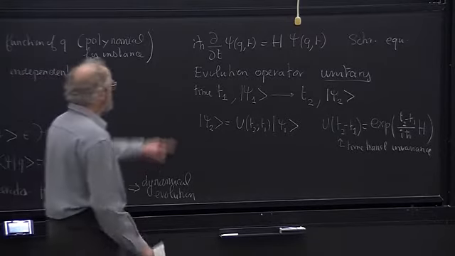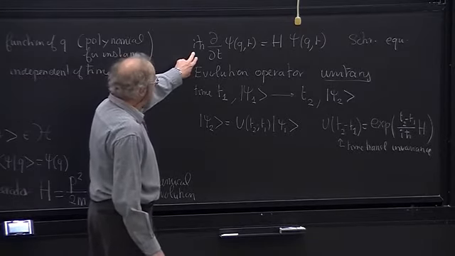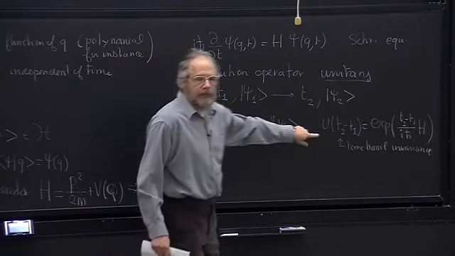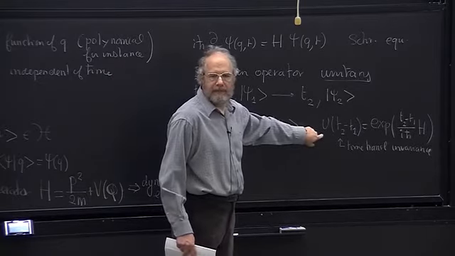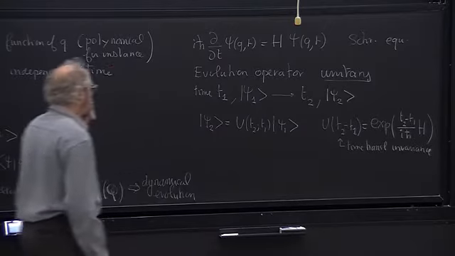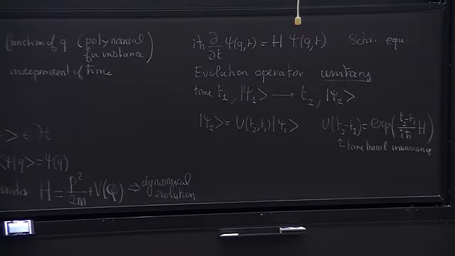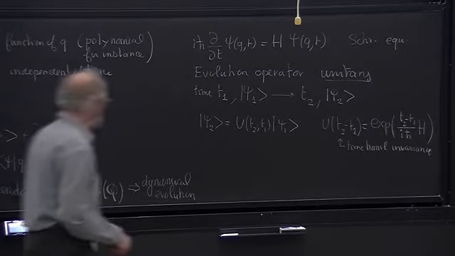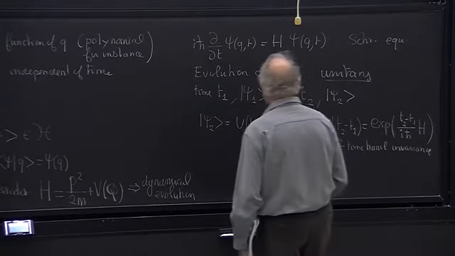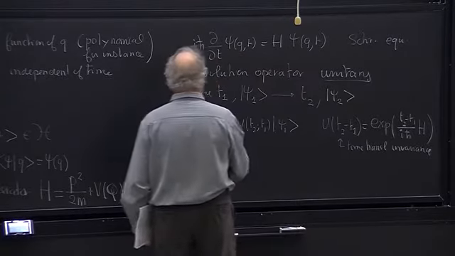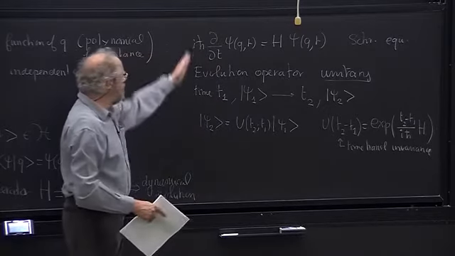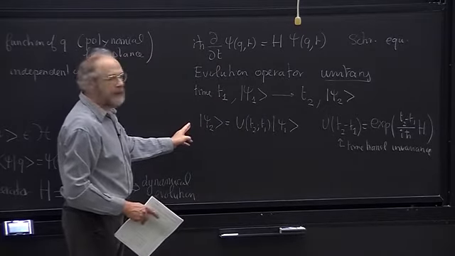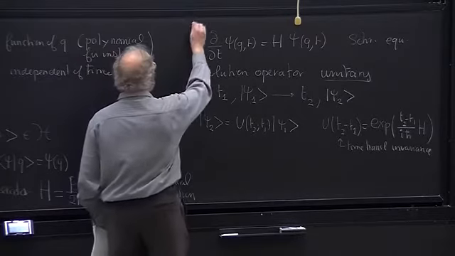And of course, the Schrödinger equation translates into an equation for the evolution operator itself. Good. So I think that's all what I need. And then, so this is, in fact, the standard formulation of quantum mechanics in what is called the Schrödinger picture.